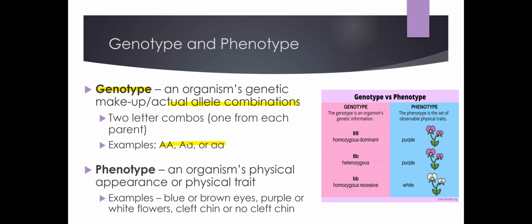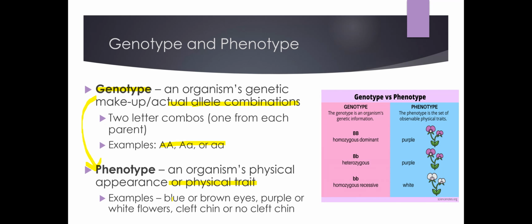We have capital and lowercase, that would be dominant and recessive, or we could get two recessive alleles. So the letter combos or the allele combinations are our actual genetic makeup. Now the genotype is going to determine the phenotype, which is what we physically see. This is the physical trait that we have. So you can remember that phenotype is the physical trait or the physical appearance.